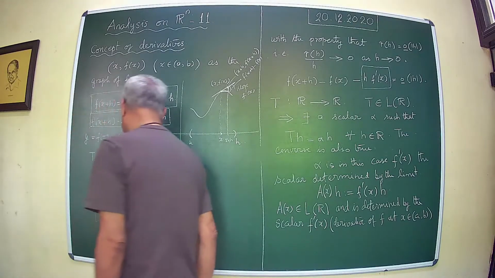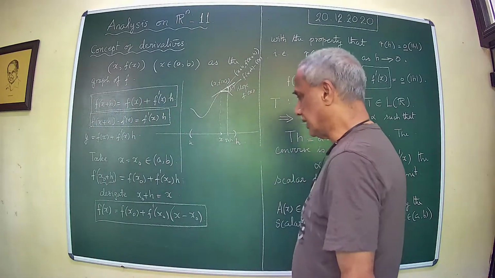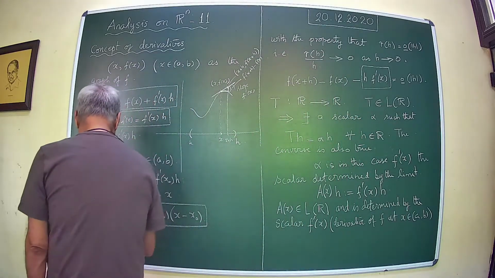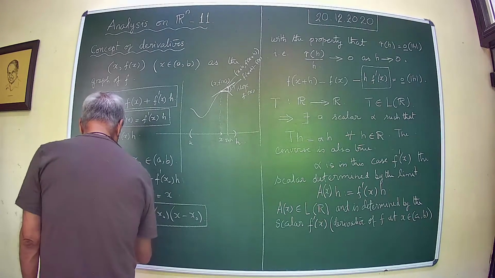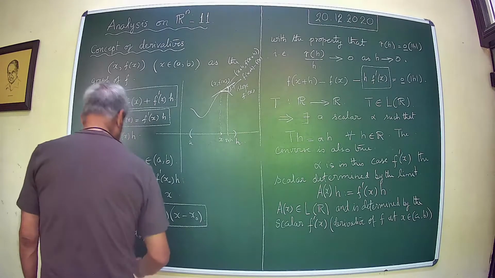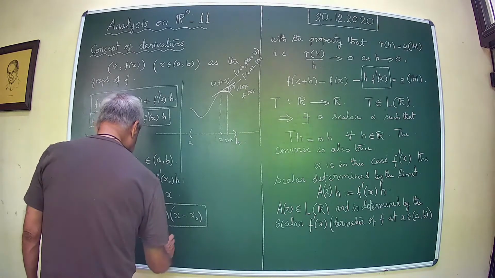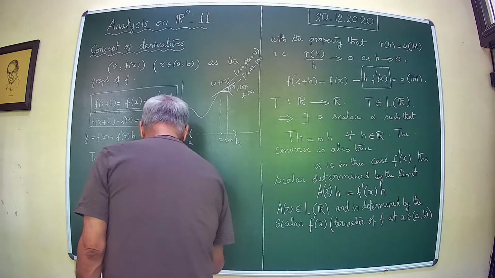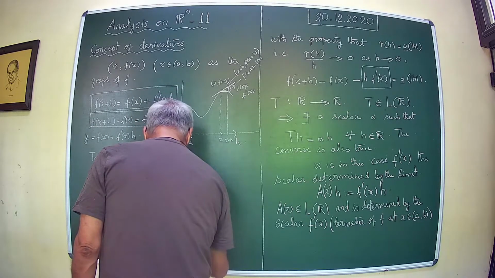Now you see that this is the line. Suppose you write y equal to f derivative of x naught times x minus x naught plus f of x naught.